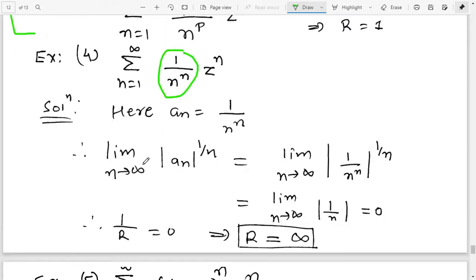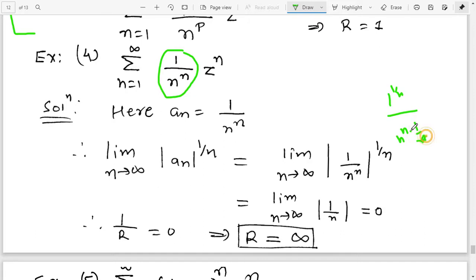So applying the limit n tends to infinity of mod a_n raised to 1 by n is equal to limit n tends to infinity of mod (1 upon n raised to n) raised to 1 by n. So this is 1 raised to 1 by n upon n raised to n into 1 by n.